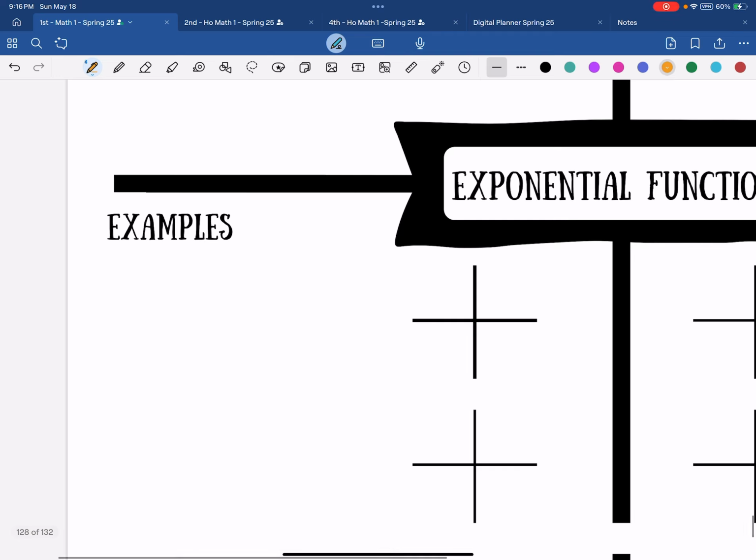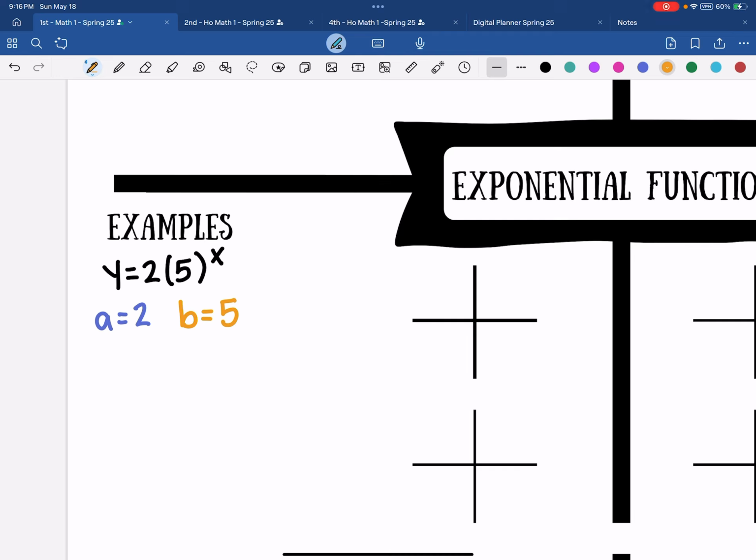So we're going to look at a couple of equation examples. My first one is y equals 2 times 5 raised to x. When I look at this, I should be able to say that my y-intercept, my a, is 2, and my base, my multiplier, is 5.